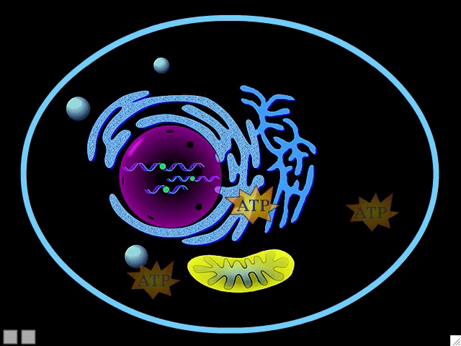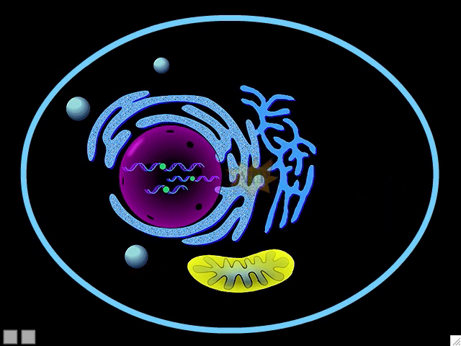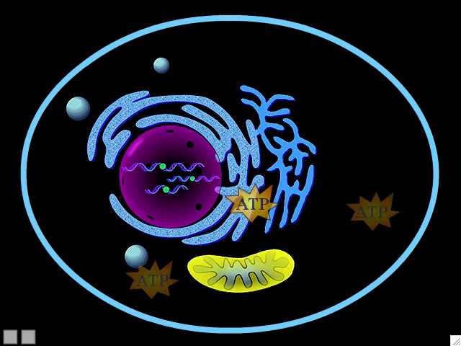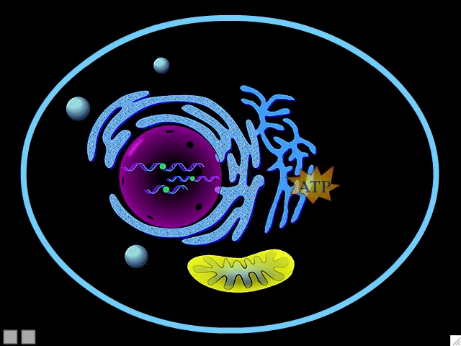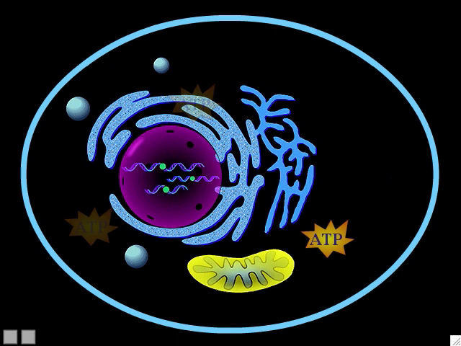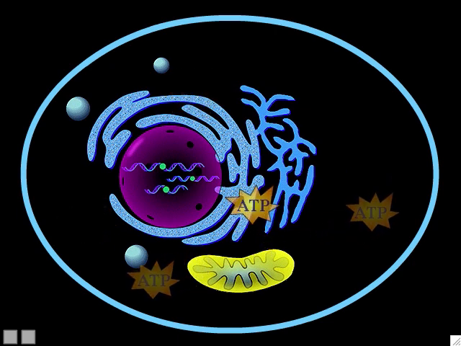It's a high energy molecule that is the power source for the proteins inside the cell. Some of the proteins that you find inside cells, like enzymes and channel proteins, need energy to do their task inside the cell, and the ATP molecules provide the proteins with the energy.